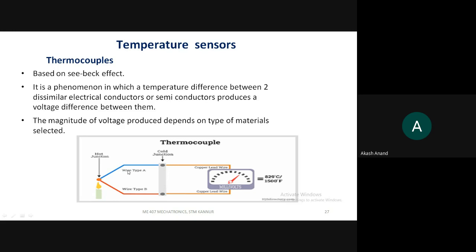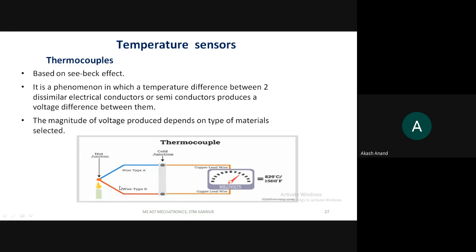We can select any conductor substance as the wire, like aluminum, etc. We can generally give it a name like A, but it should be a conductor or a semiconductor. So we have taken aluminum, for example, as wire type A, and wire type B is some other conductor, which can be zinc or something else.